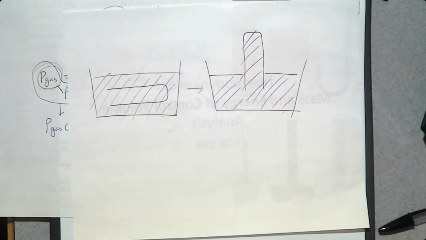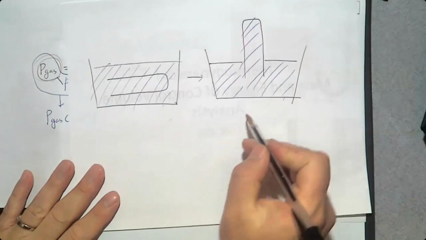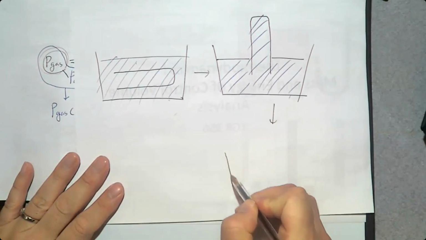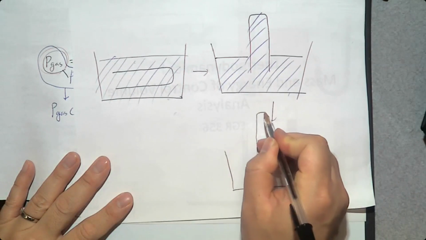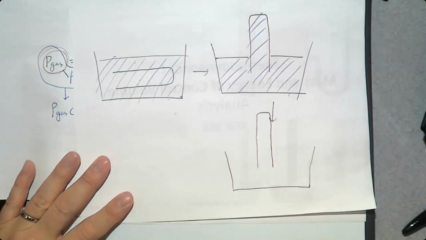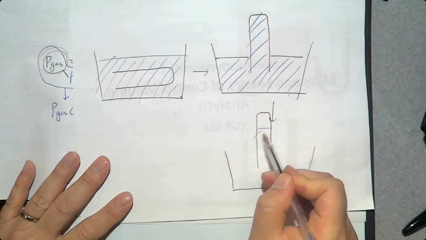Now, if you move this tube upward, you're going to see that the water level goes down slightly. Eventually, you will see this is your water tank, and you have this tube filled with water only up to a certain height.